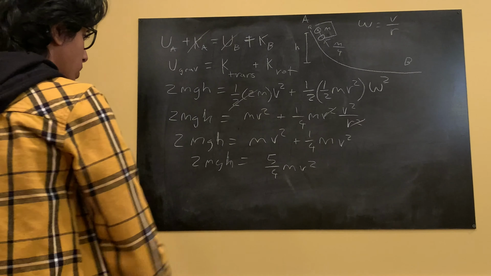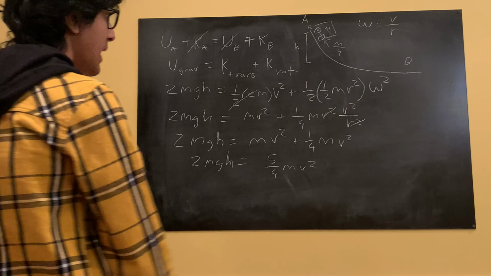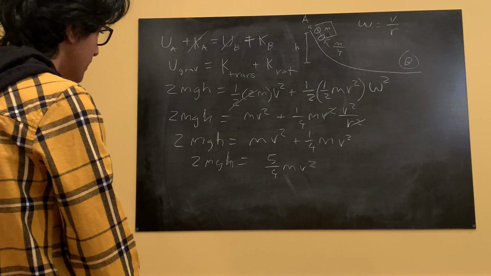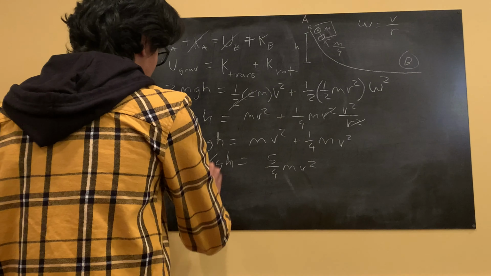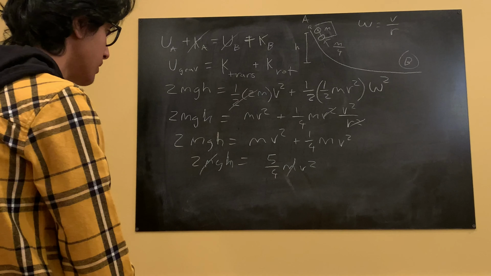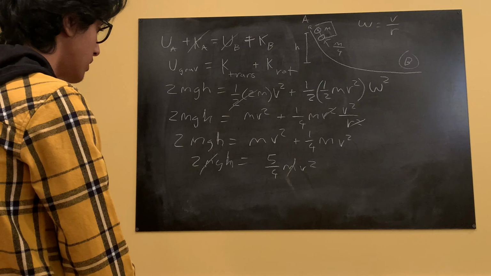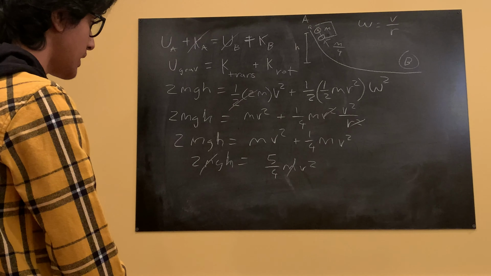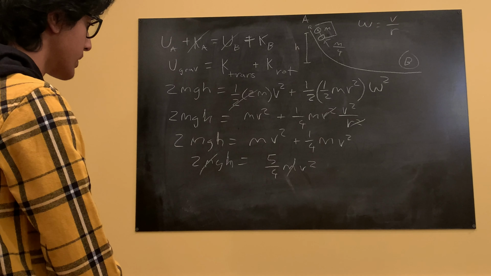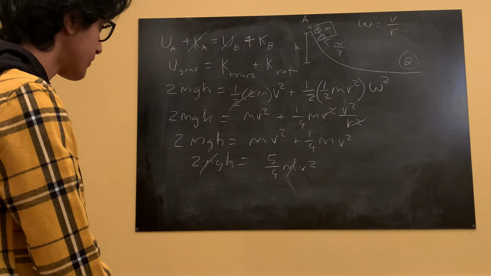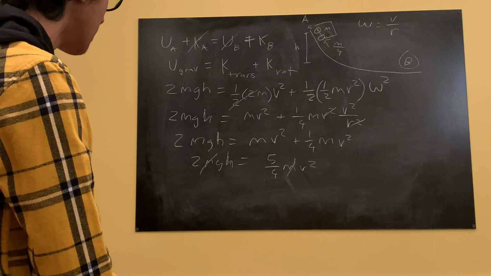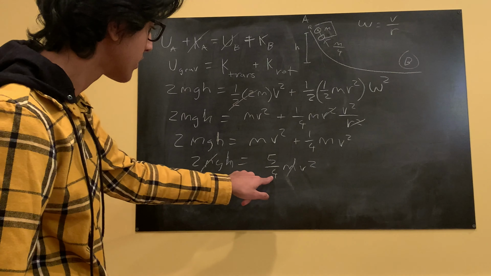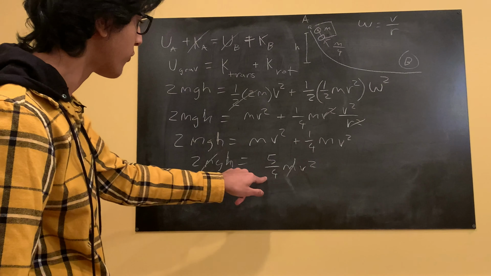And we want to solve for our velocity at point B. So another fun thing that could happen right here is that the m's cancel out. We have m's on both sides. Alrighty. After that cancels out, what do we got? Okay. So we can multiply both sides by 4 over 5.